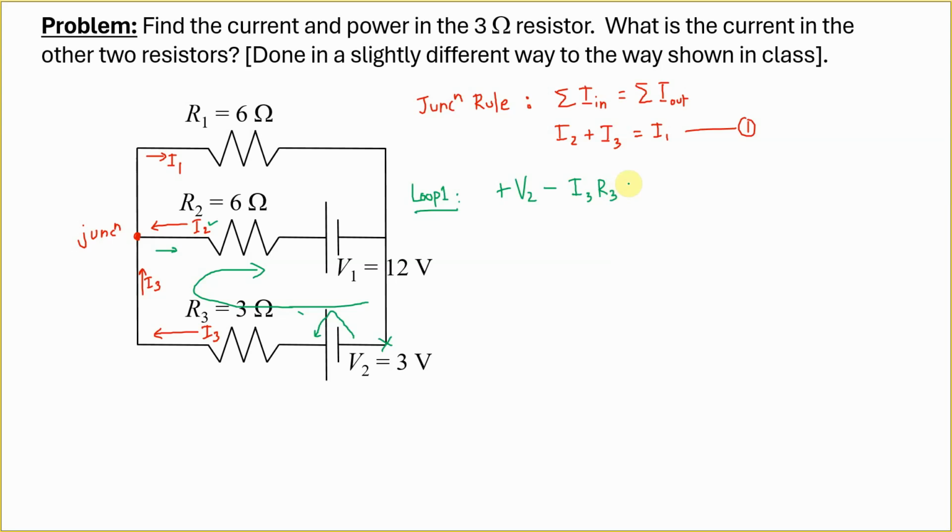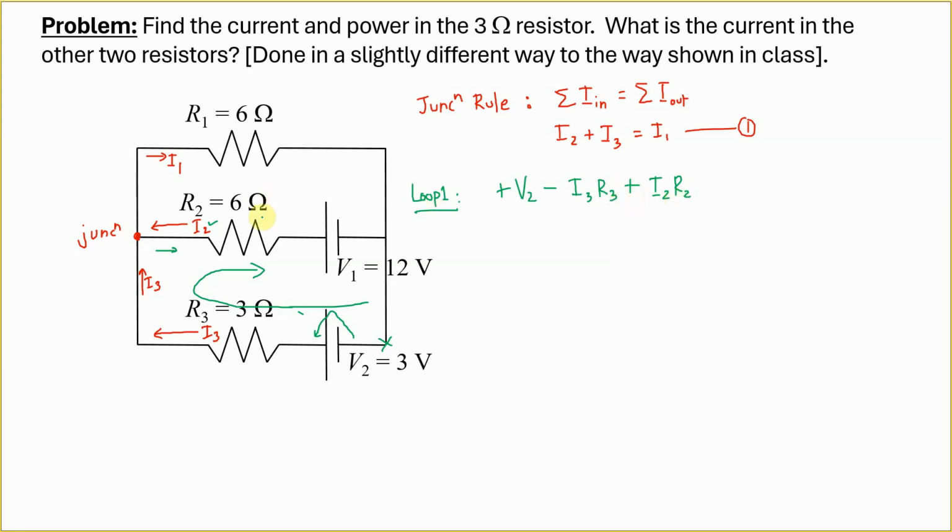So therefore, I get a positive sign. So through a resistor, if you're moving against the current, you get a positive sign. If you're moving with the current, you get a negative sign. So therefore, I have a plus I2, that is the current through R2, times R2. That is the potential drop across the resistor R2.